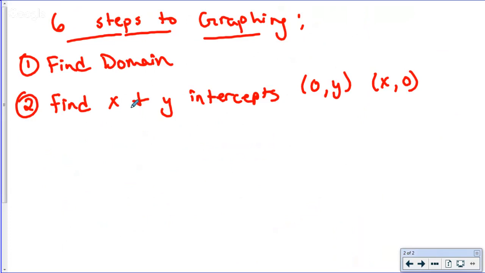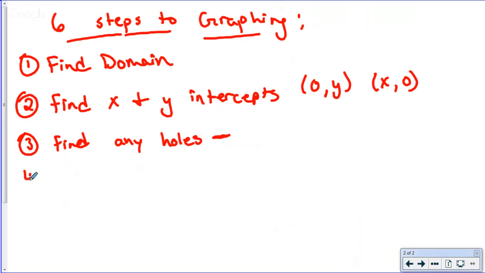You've got to find out where those are. Step 3 is find any holes. Now, a hole, we'll talk about it here in a second on how to find holes.